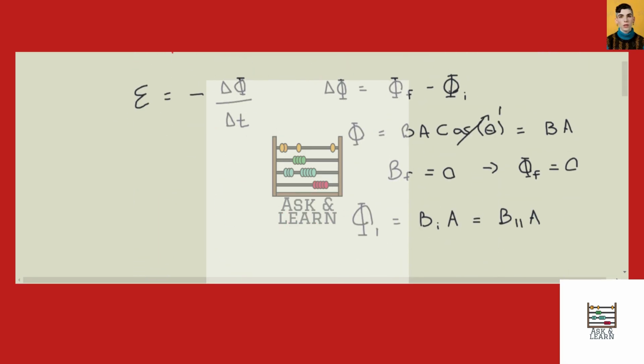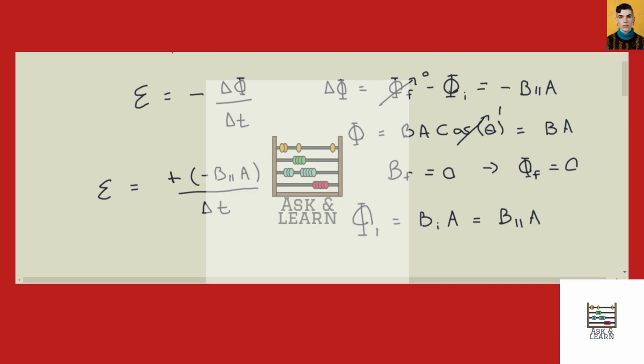So if we substitute that into our delta flux here, we'll just end up with minus B parallel times A, since the final flux was 0. Okay, and if we substitute that into our equation for the induced EMF, we will just have minus a minus B times A over the change in time.